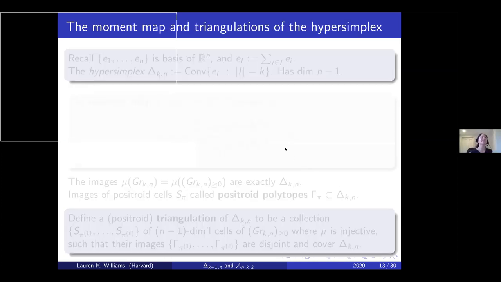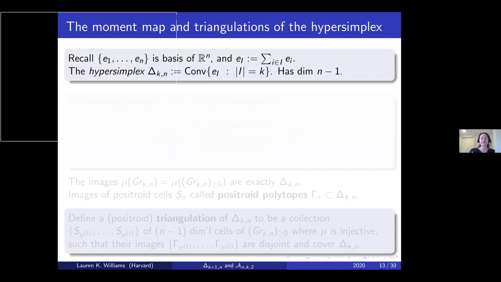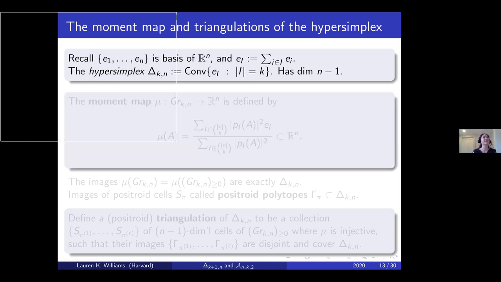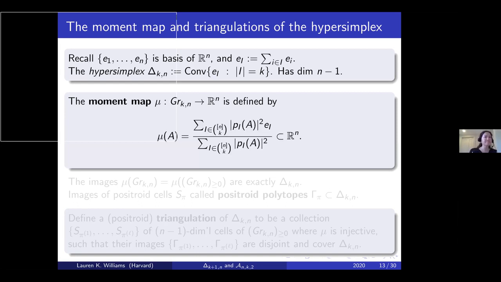Okay, so now I want to talk about a map that relates the Grassmannian to the hypersimplex. So this is just a review of the definition of the hypersimplex. And now there's this old map called the moment map from the Grassmannian, defined as follows.